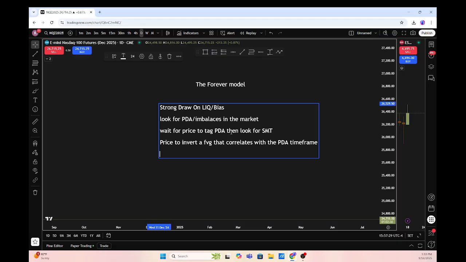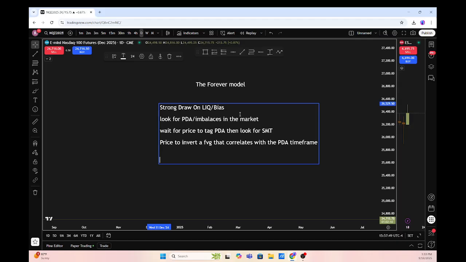And same thing for the hourly. If price tags into an hourly fair value gap, the correlated time frame is the 5-minute, so I would want to see price invert a 5-minute fair value gap. That is what I mean by that.